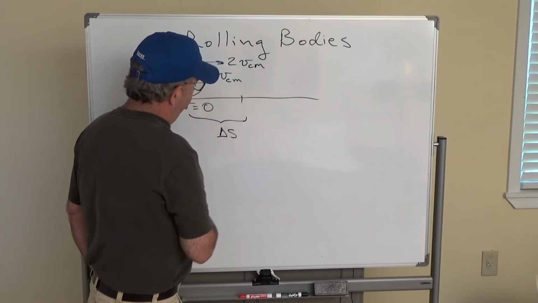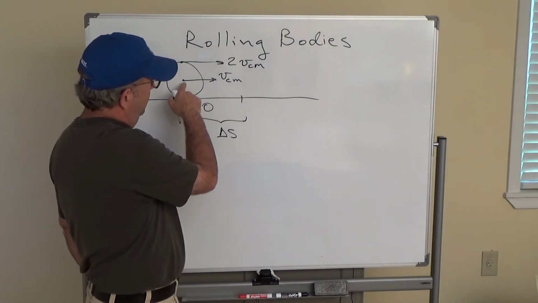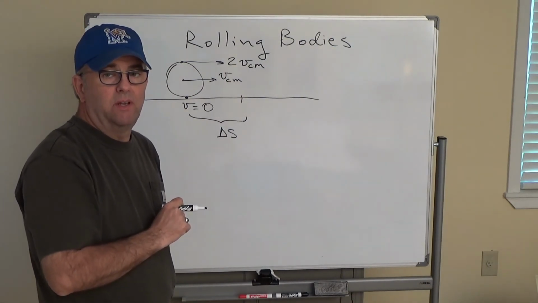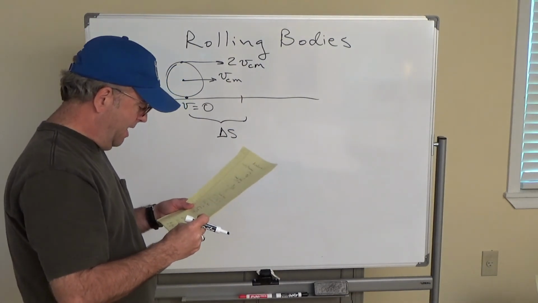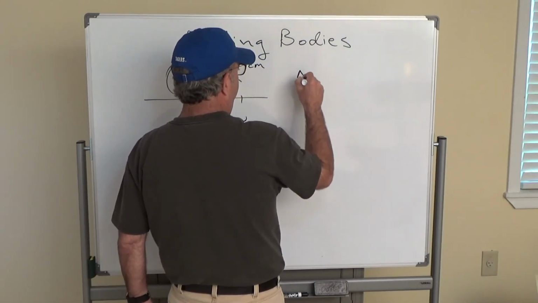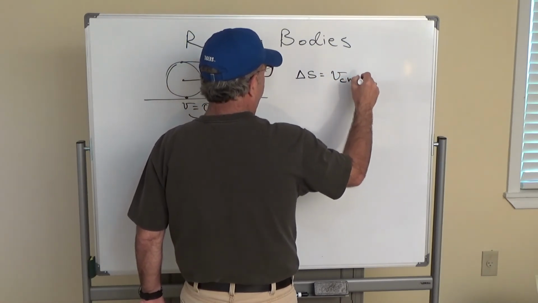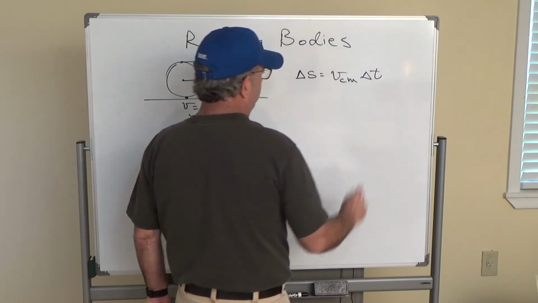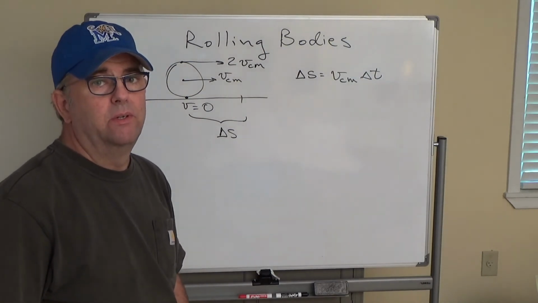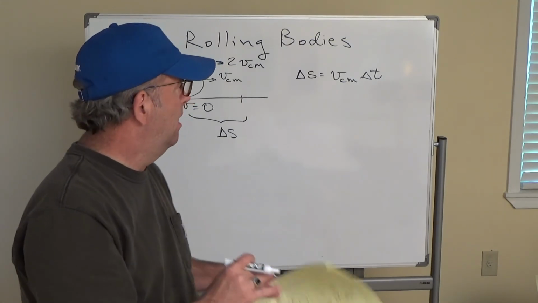So it travels some little distance, delta S. Well, that's the center of mass traveling that distance, delta S, okay? And that delta S is equal to V center of mass delta T, okay? And that's straightforward. That's just how far it traveled, and you have the velocity times the time.